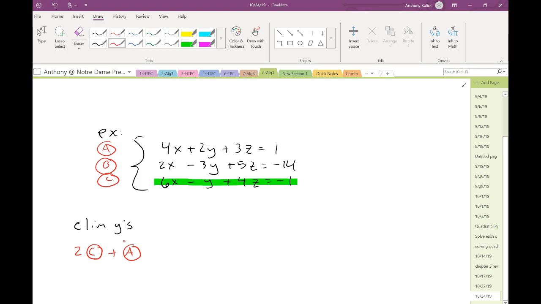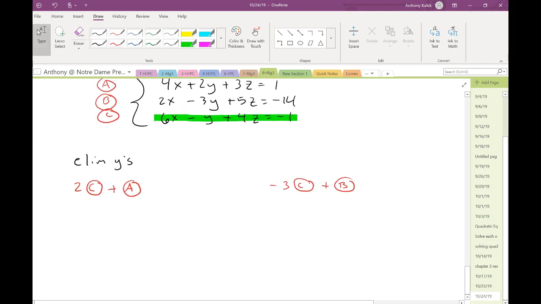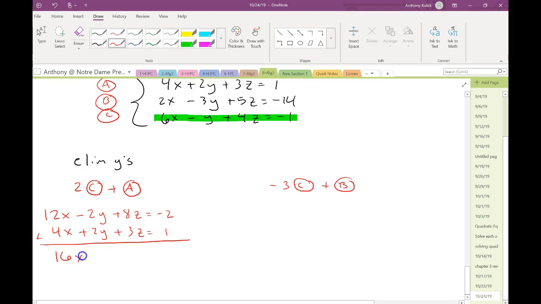Close. -3. Everybody see that? Okay. So now I'm going to go ahead and write down my updated situation here. When I multiply 2 by C, I get this. And then equation A, I'm just going to copy down. When I add down, I get 16x.